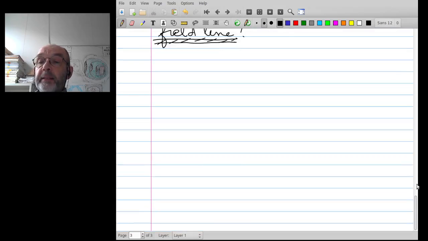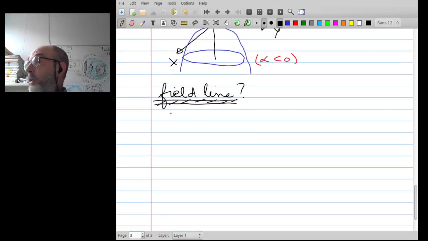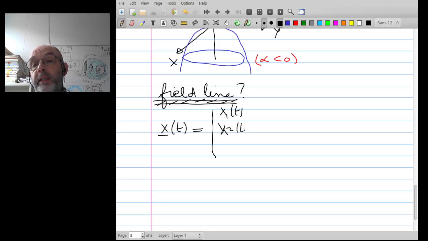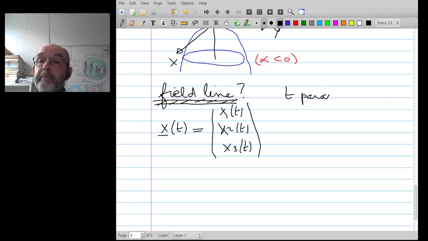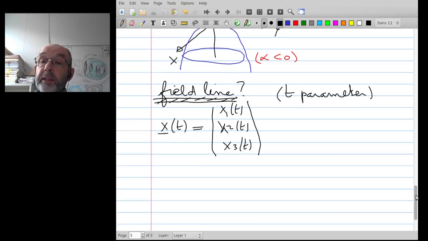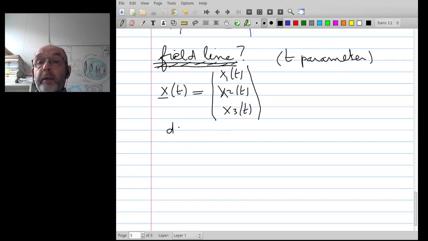Now, a field line, as the name already says, is some line, and we parameterize it by t, so we have here our unknown coordinates of that line. t is a parameter, and if we are on that field line, the derivative of it has to be parallel to the vector field.